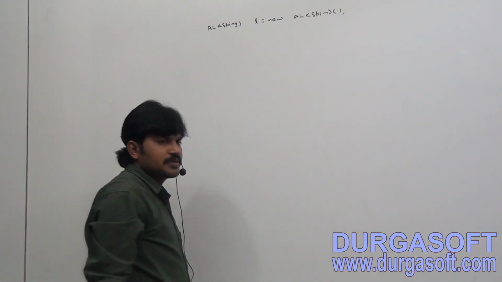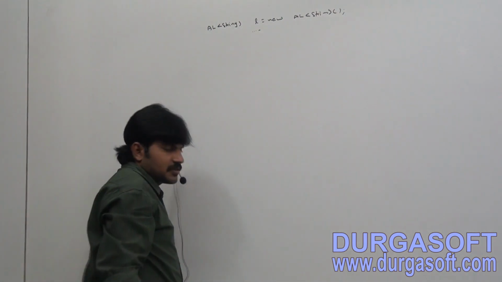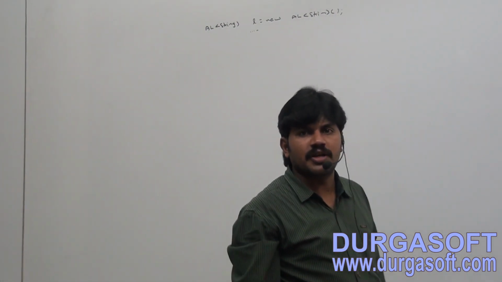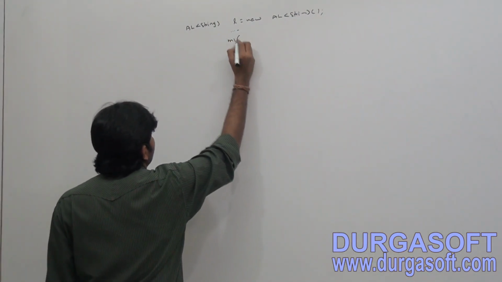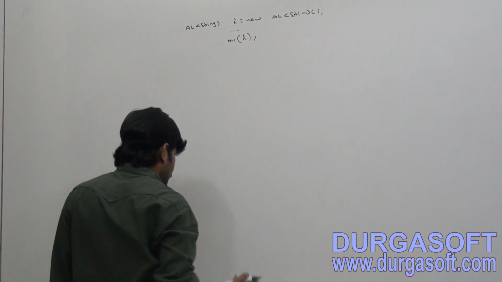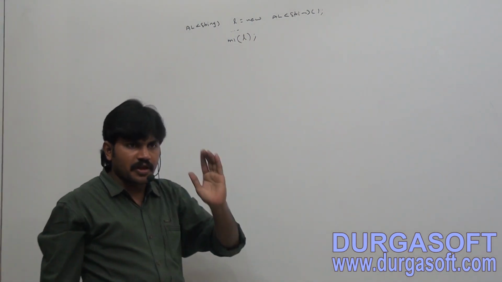We can add only String type of objects to this ArrayList. Now I am calling the m1 method by passing L as the argument.